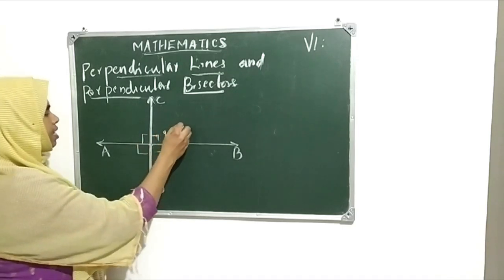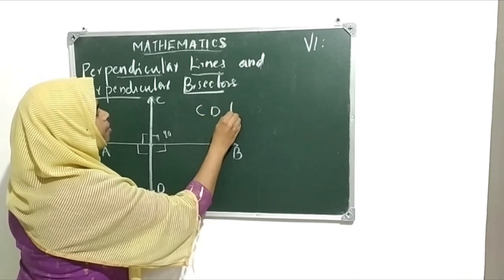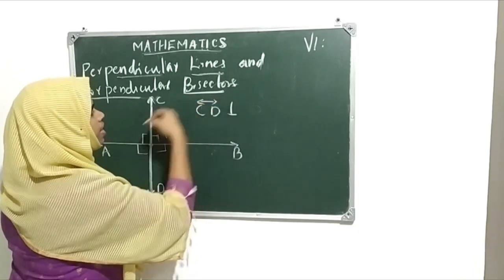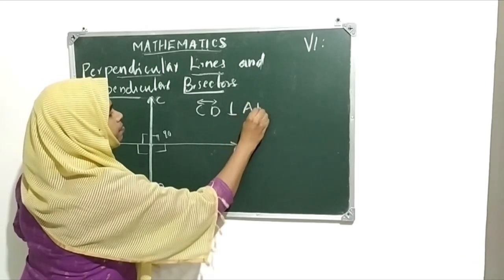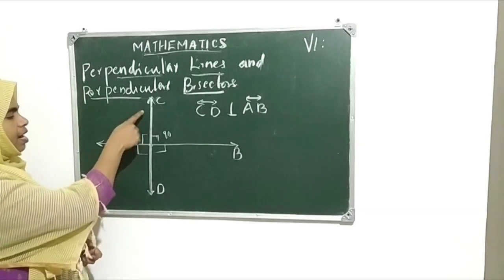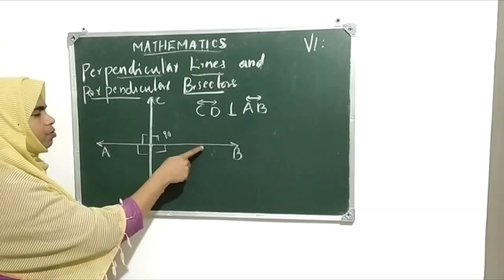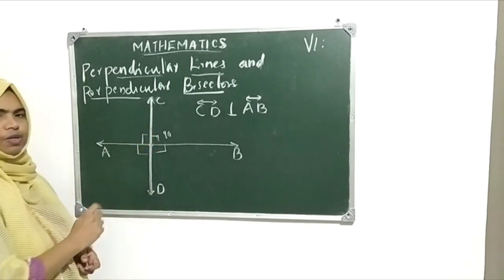We can write it as line CD is perpendicular to line AB. Here line CD is perpendicular to AB or line AB is perpendicular to CD.